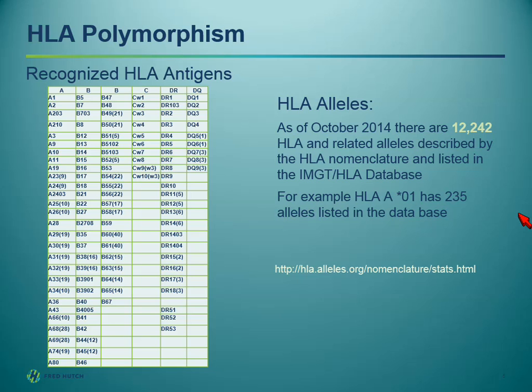Now, a lot of it is variation outside of these binding grooves, so from our perspective as transplanters, that doesn't really matter. What really matters to us are the allelic variations that happen within the binding grooves. For example, HLA-A1 right now has 235 different described alleles.